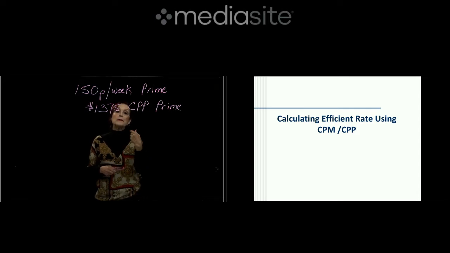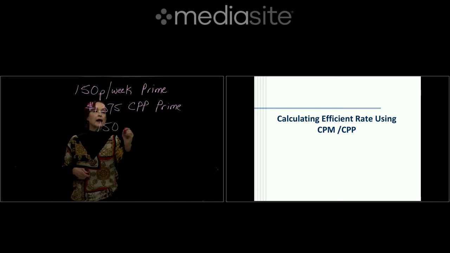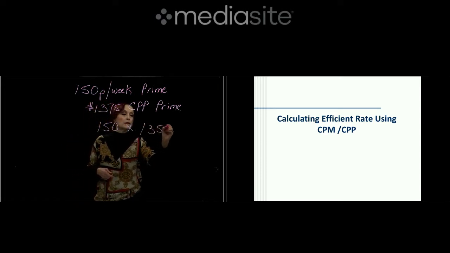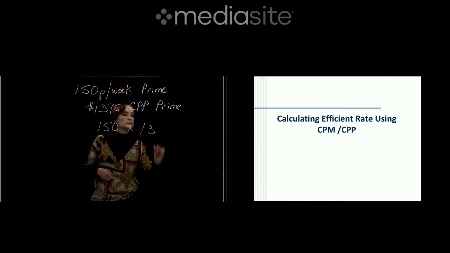Now, the media planner can estimate this budget by multiplying the points it's going to take times the cost per point. Right?